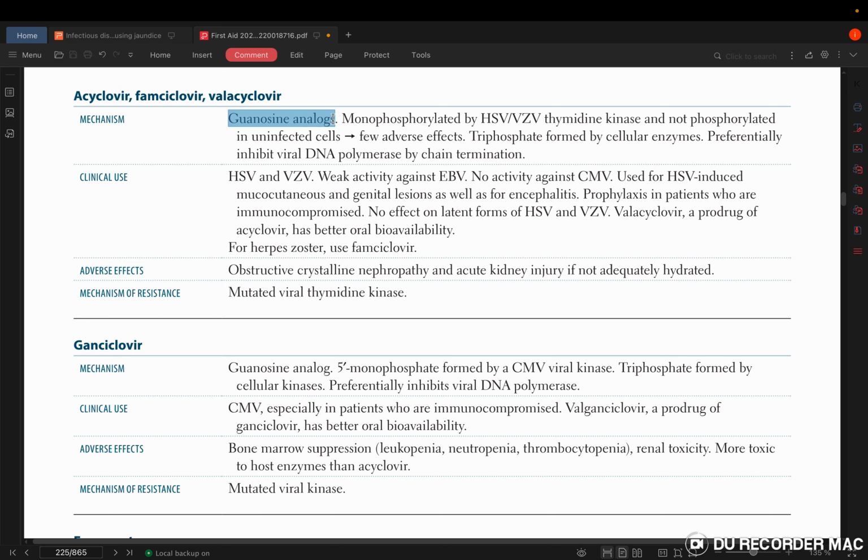The mechanism, they are a guanosine analog. What is a guanosine? Anybody know what a guanosine is? Well, some people are saying that it's a purine, and the purine is a nucleotide, correct?